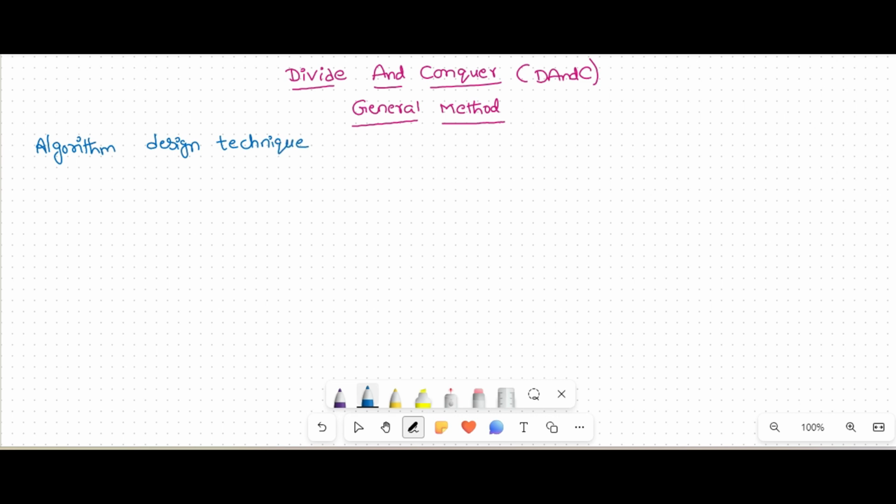We have so many algorithm design techniques, like the greedy approach, divide and conquer, backtracking, then dynamic programming. Like that, we have several algorithm design techniques. Among those, now we are going to discuss the divide and conquer algorithm design strategy.